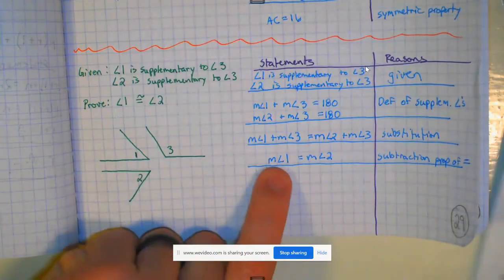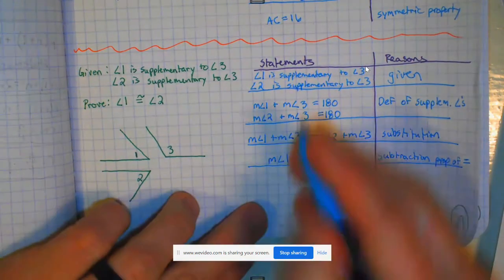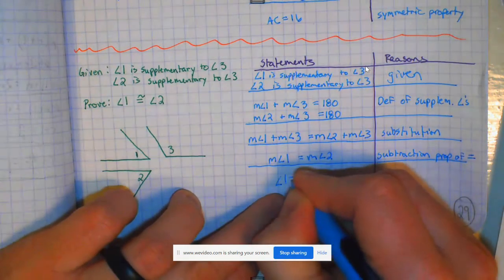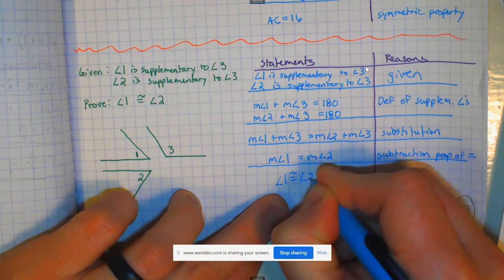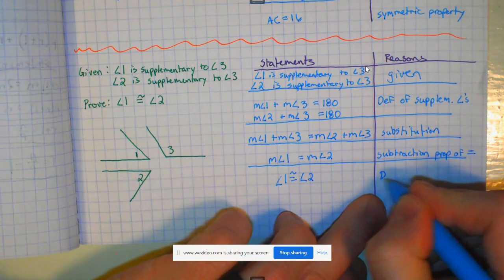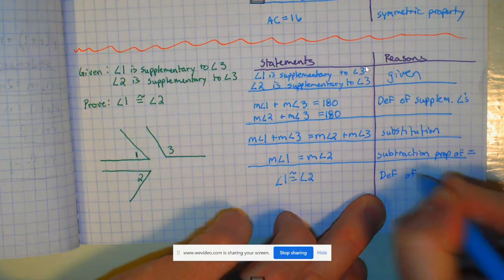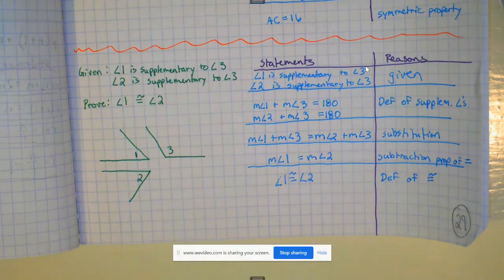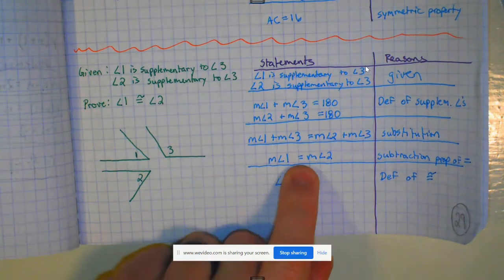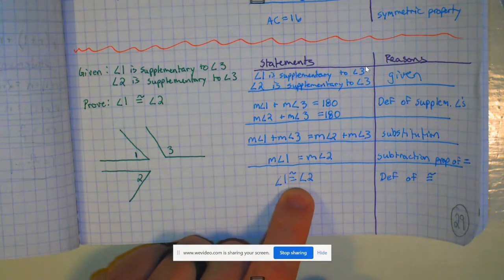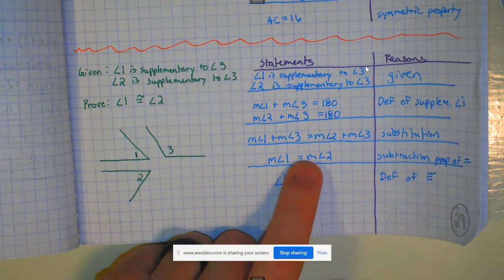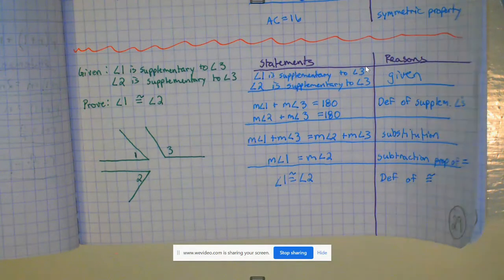These two things have the same measurement, so angle 1 is congruent to angle 2, and that is the definition of congruent. Remember, I said anytime you want to transition from an equal sign to a congruent sign, or from congruent to equal, you're using the definition of congruent. So when you need to switch that sign, you're going to use definition of congruent.